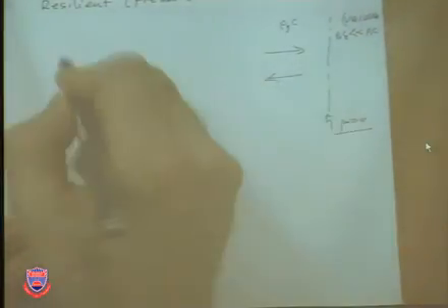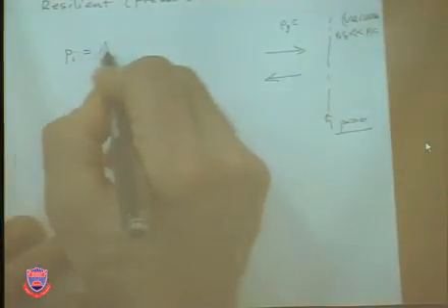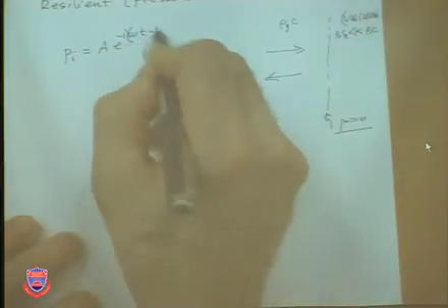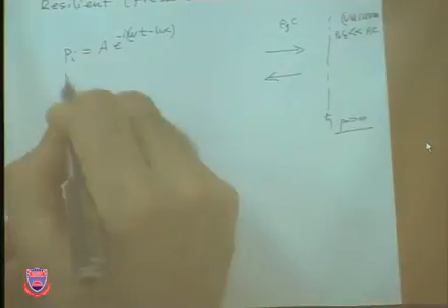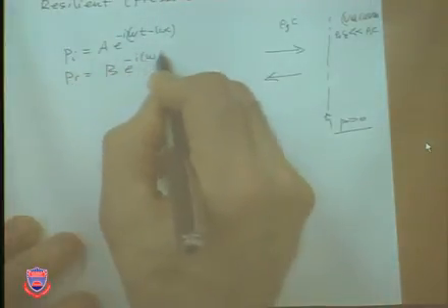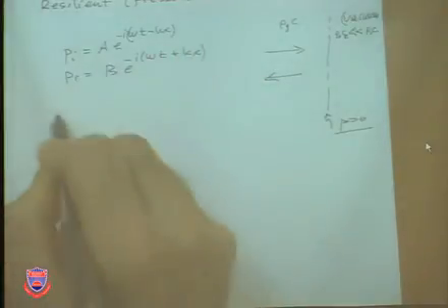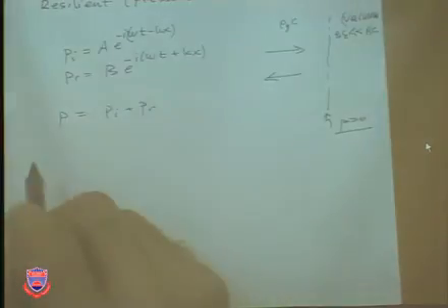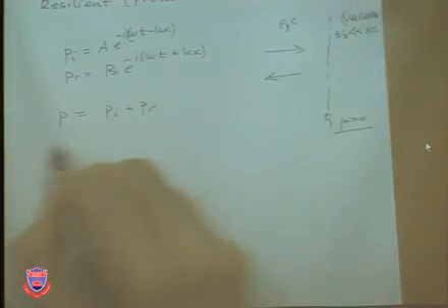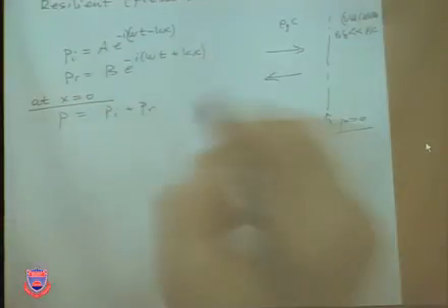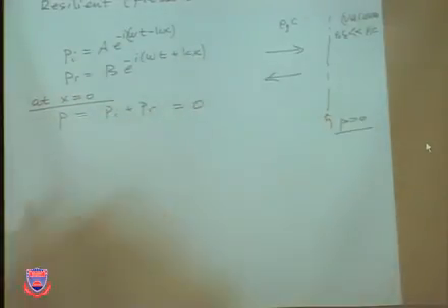So once again, we are able to write A e to the minus i omega t for the incident, and for the reflected, and the total pressure is their sum. Now we are saying that at the surface, they should be 0.